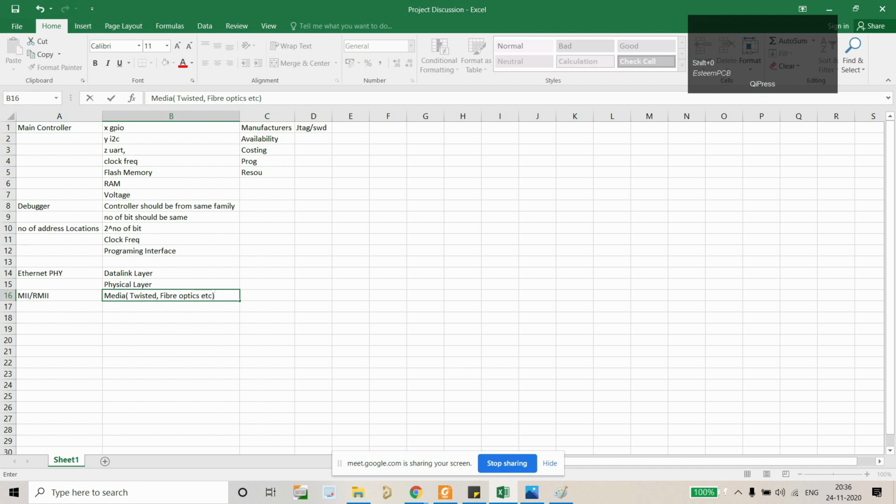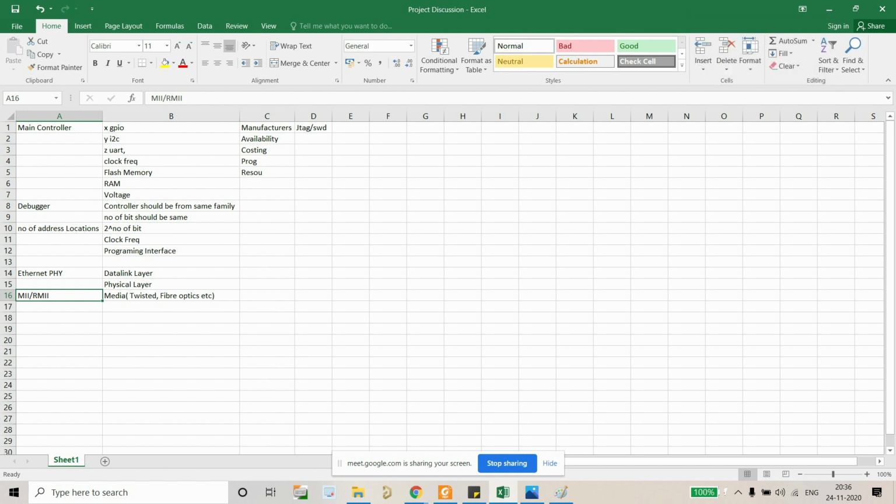So this interface is basically independent of these types of media, and if it is independent of media, that means we don't need to change the MAC address or physical hardware again, right? So that is another advantage of using that interface between the controller and our Ethernet PHY. Okay.